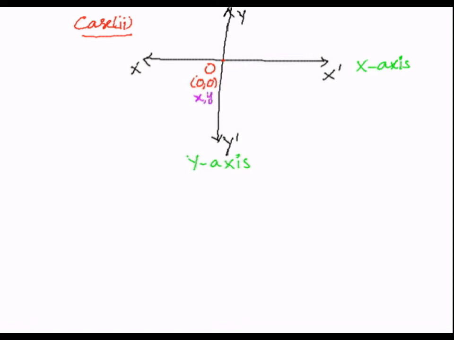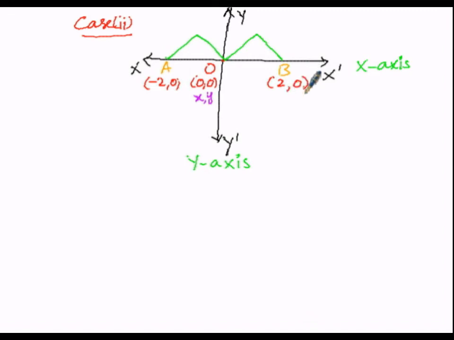Now, as per the graph, this is the graph where it is intersecting the x-axis at points A, O and B. The coordinates of A are -2, 0, and O are 0, 0 since it is the origin, and the coordinates of B are 2, 0.